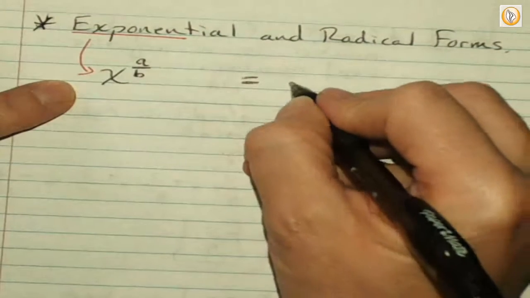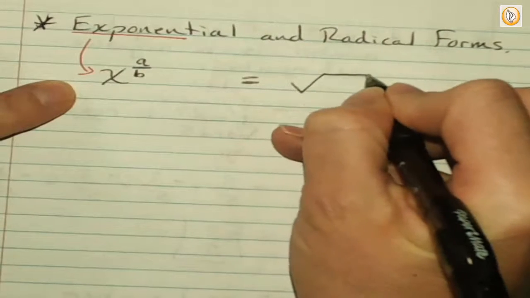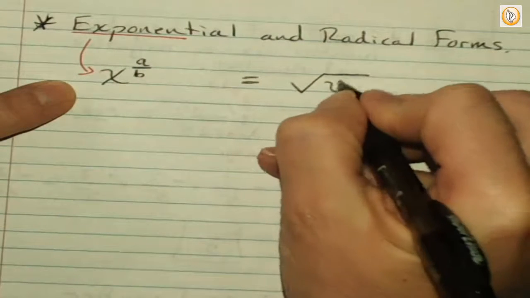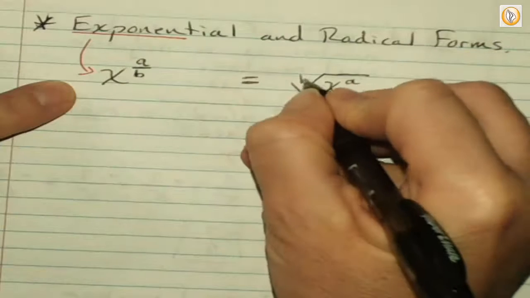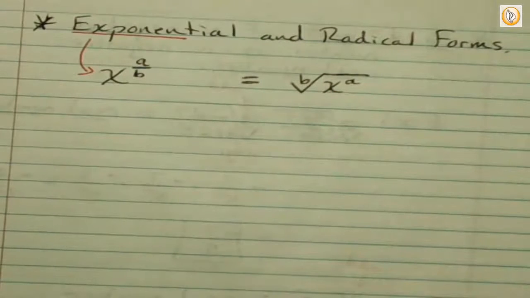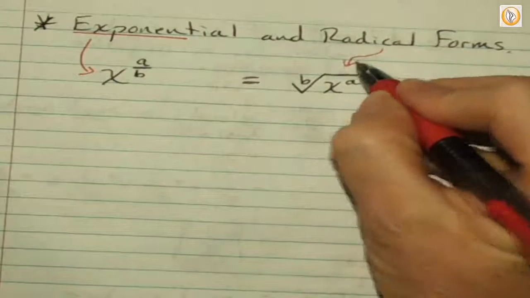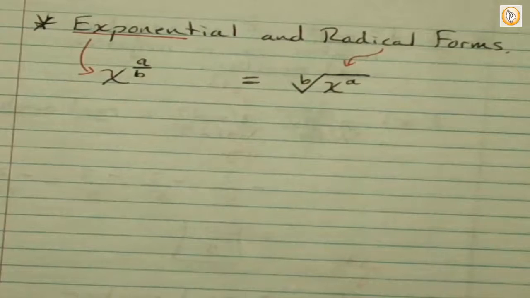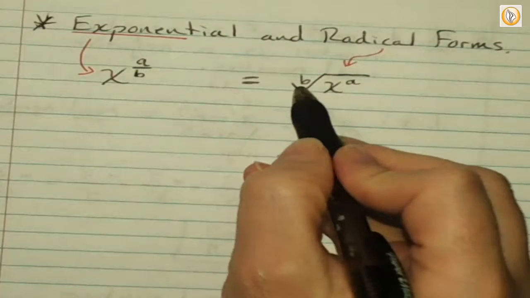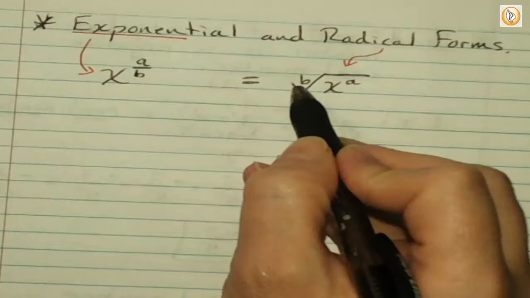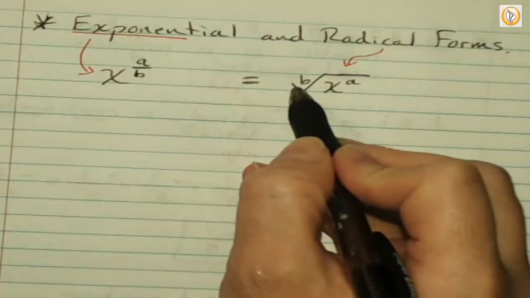All right, radical form. Watch this and it's going to start making sense. There's your radical form. So, b represents what, boys and girls? The denominator.